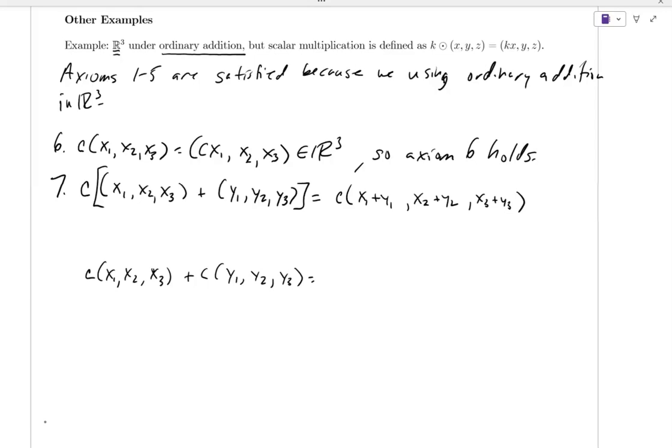Now when we multiply, what do we get? c(x1 plus y1), x2 plus y2. Careful, oh no, it's just x2. Good. And x3 plus y3. Good. Because remember, that's the weird scalar multiplication, right? We're just saying take the scalar times the first component, leave the other 2 alone.